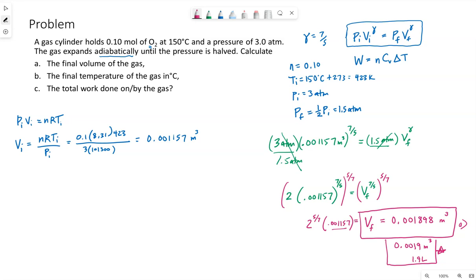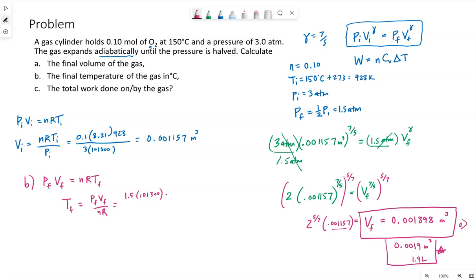So part B, the final temperature of the gas in degrees Celsius. Well, we can use the ideal gas law now that we have a final volume. We have the final pressure, we have the final volume. So T final will be P final V final over nR. We do need this pressure to be in pascals because the R we're using is in terms of SI units. So here's our pressure.